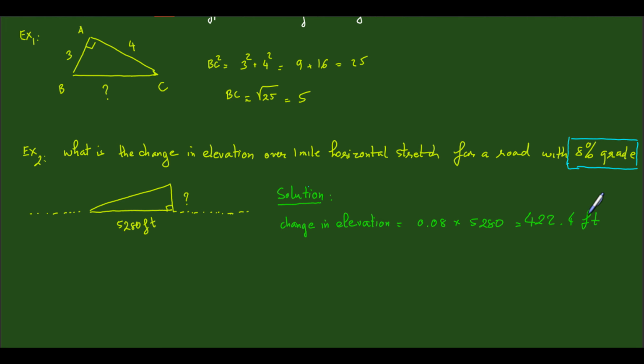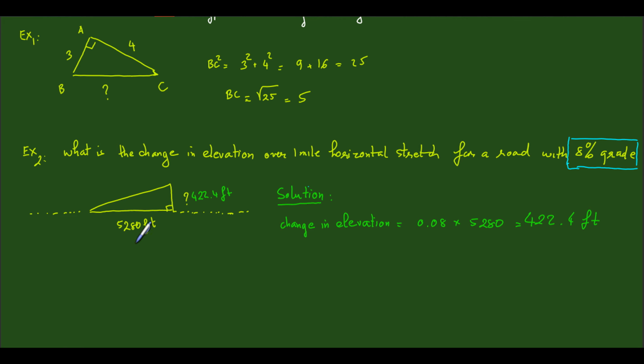So over here will be 422.4 feet. I mean, you can keep it as 1 mile over here. You multiply by 0.08, so it gives you 0.08 mile. It's the same thing, but it's good if you change it to feet because it gives you a nice number.